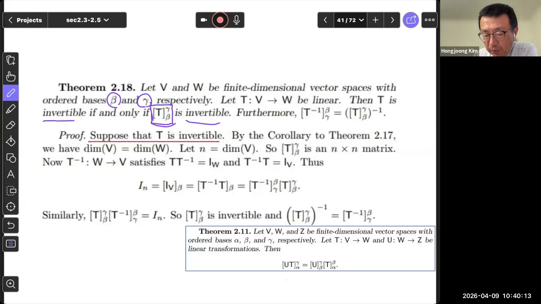And in addition, the matrix representing the inverse of the linear transformation will be the inverse of the matrix representing T.